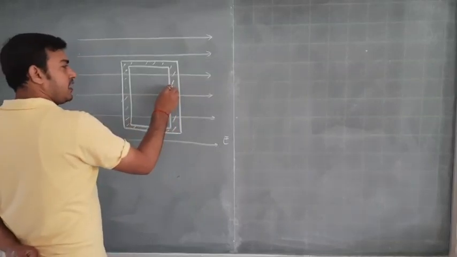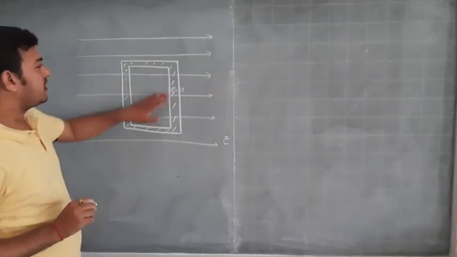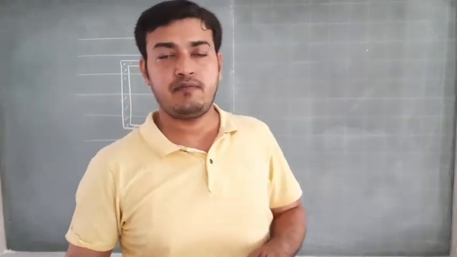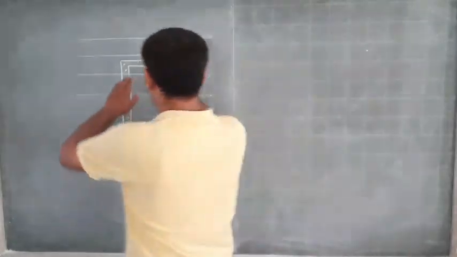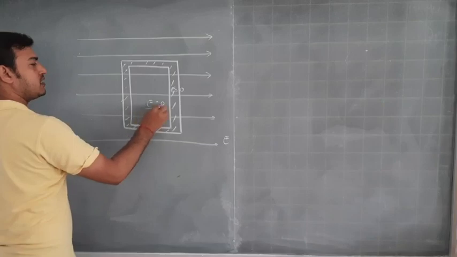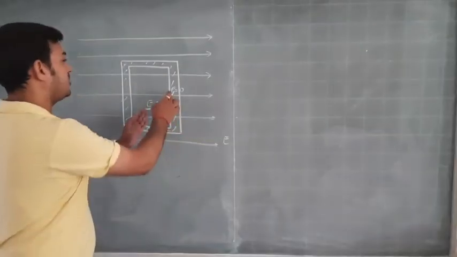So we know that from electrostatics the field inside this conductor must be 0, and from the concept of the field due to a charged shell, if it is a closed surface, then here also the field must be 0. So how will these conditions be fulfilled?